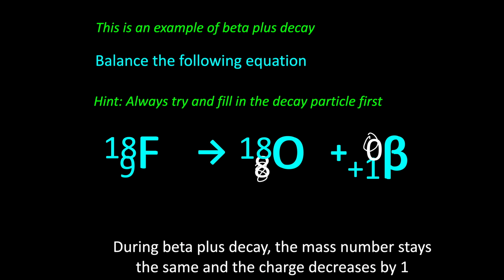So during beta plus decay, the mass number stays the same and the charge decreases by 1, or the atomic number decreases by 1.